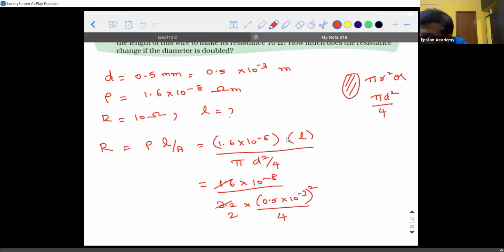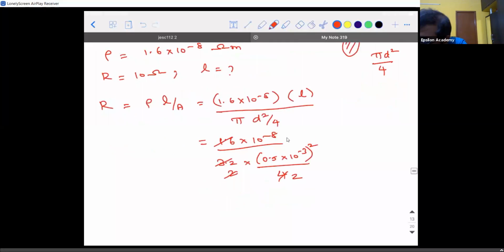So this will go approximately 2 times, this will go 2 times. So how much will you get? 10 power minus 8. So 2 divided by 1 by 4. 1 minute, wait. So 2 will go up. So 2 into 10 power minus 8 divided by 1 by 4 into 10 power minus 6. So that will be approximately 8 into 10 power minus 2.